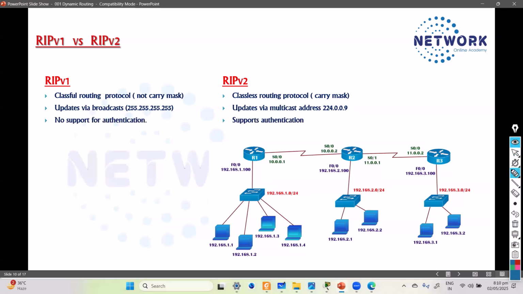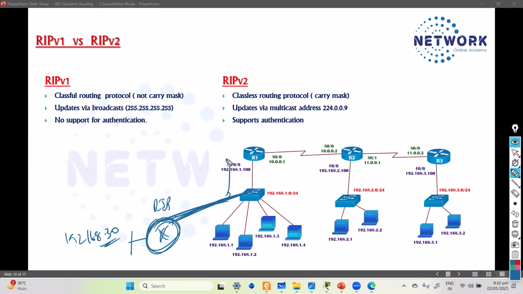Another difference: like mostly all the protocols, they have authentication. Authentication is something we don't cover here in the CCNA, but when you go to advanced routing, authentication is nothing but configuring a password. There is a possibility that some attacker in my company, sitting here, can add one router and advertise a 192.168.3 network, and run the RIP protocol.